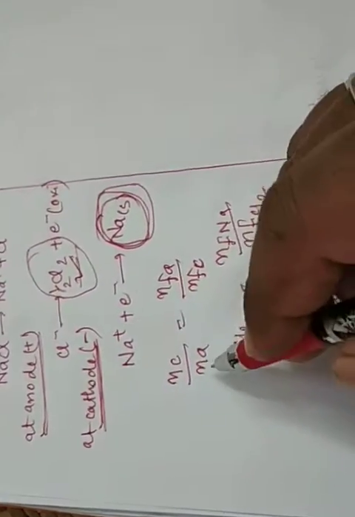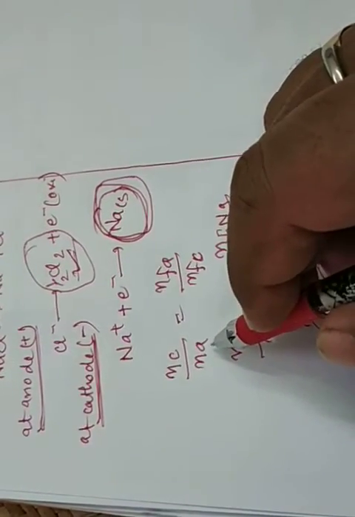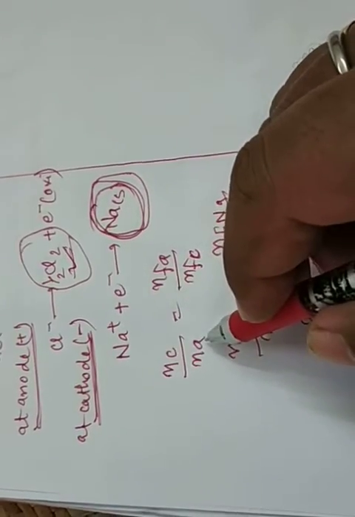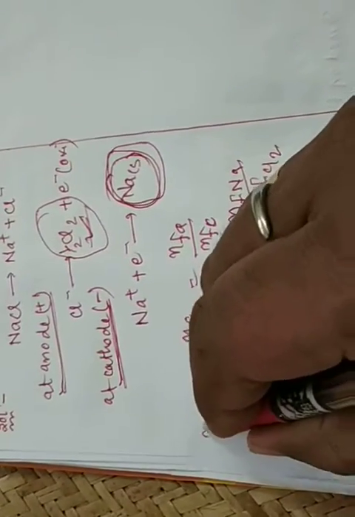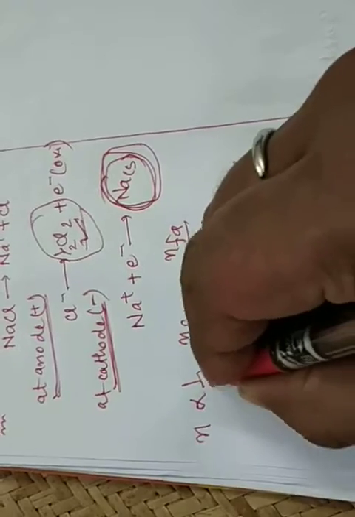Now there is a simple trick. There is a formula n cathode upon n anode; just check in my last video. The number of moles is inversely proportional to the n factor.